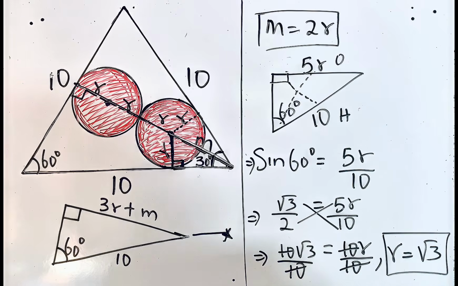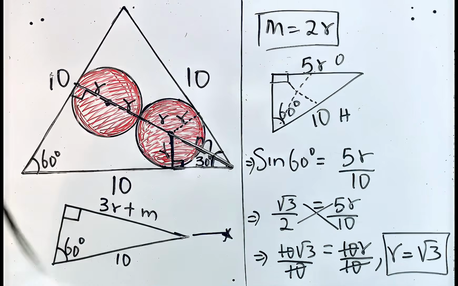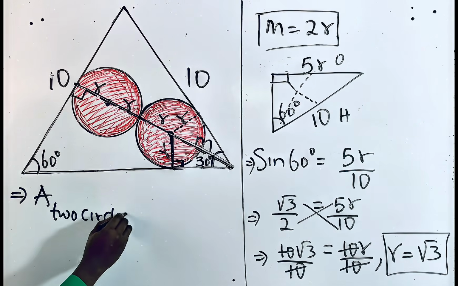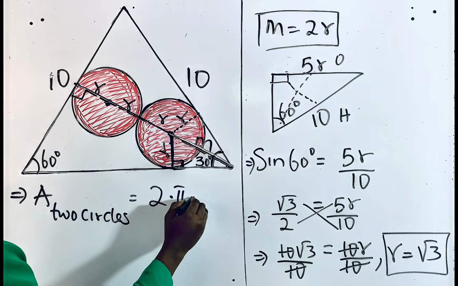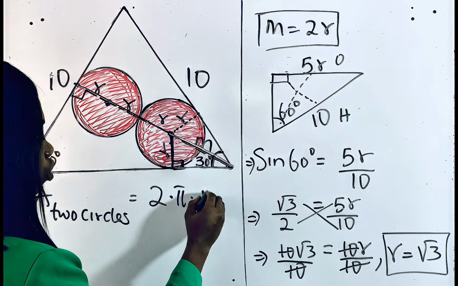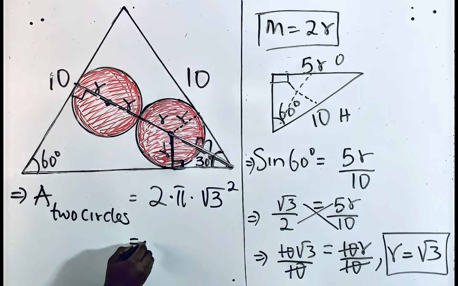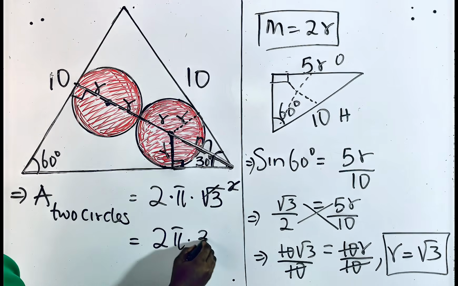Now that we have found the radius, let's now find the area of the two circles. To do that, we have the area of the two circles will be 2 multiplied by pi multiplied by the radius, which is root 3, then you square it. So if you simplify this, we have 2 pi, this we cancel, we are left with 3.